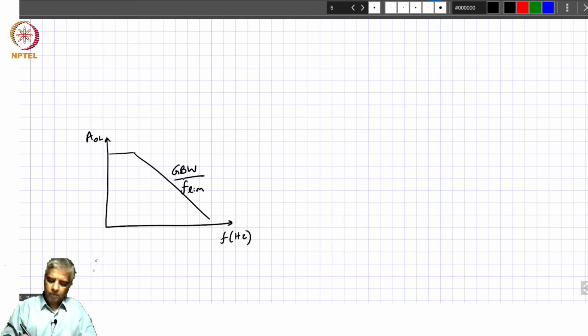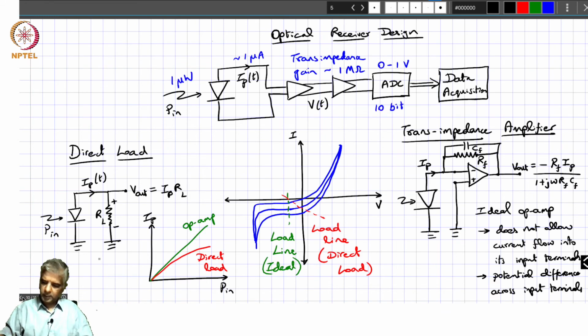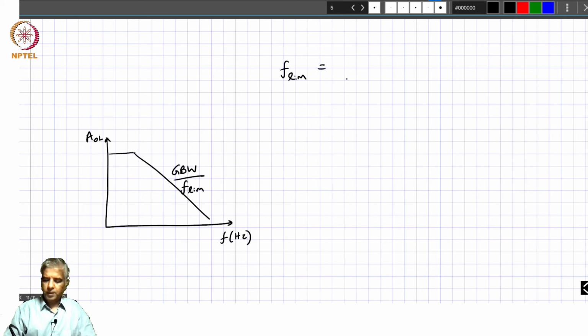For any of these op amps, looking at the expression for the f limit based on the frequency response over here, you can write the f limit as A limit, the open loop gain at that particular frequency, divided by 2 pi RF CF.